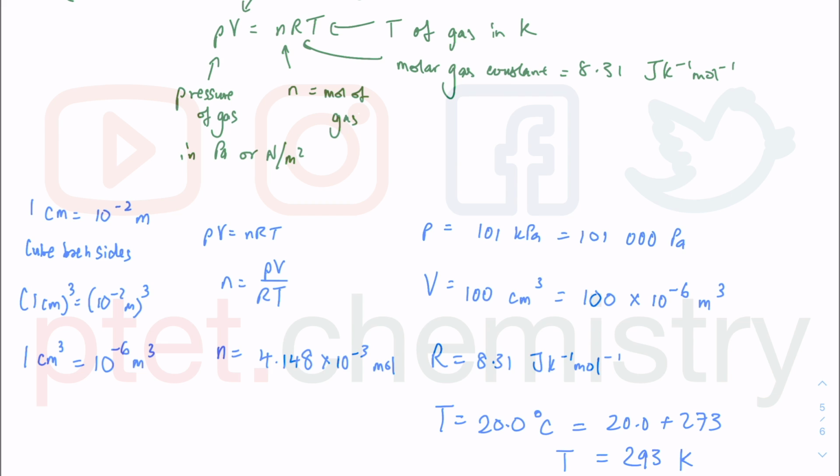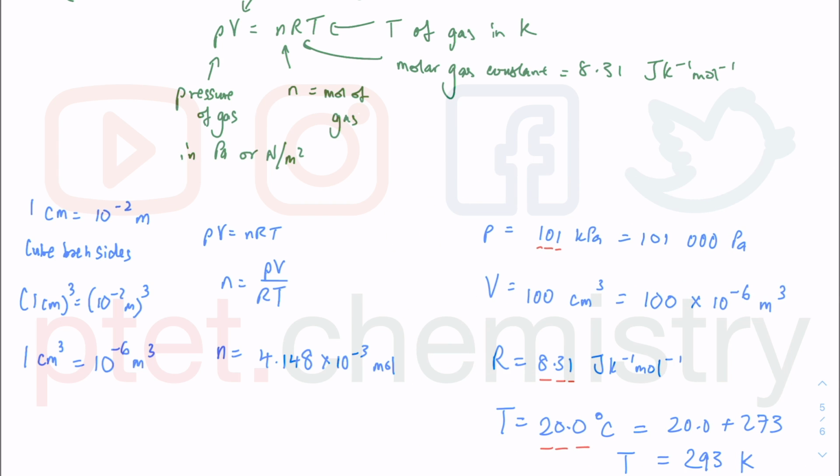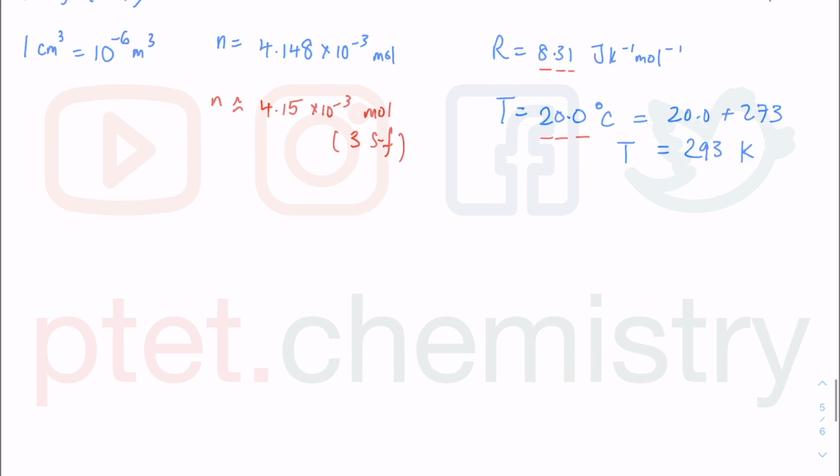They didn't tell us how many significant figures, but judging by the data given, the 8.31 comes from the data booklet, and this is 101, so I shall assume that 3 significant figures seems appropriate. If I just round that to 3 significant figures, that should be appropriate given the data in the question as well as what I have used for the rest of my calculations. So that's the end of that question, and I think we are ready to move on to the next part of the question.